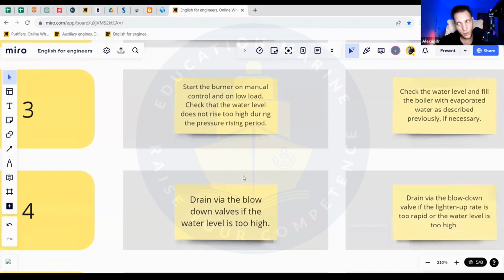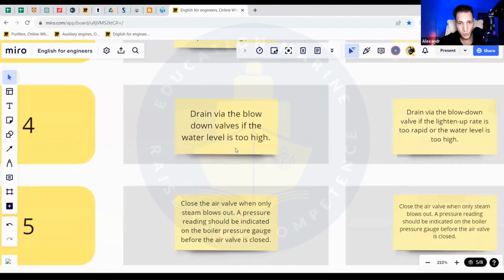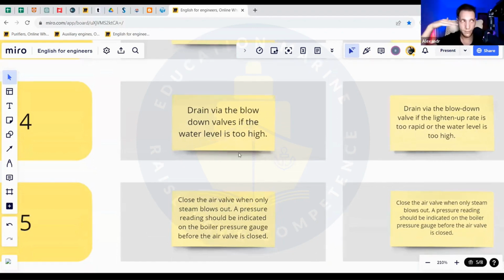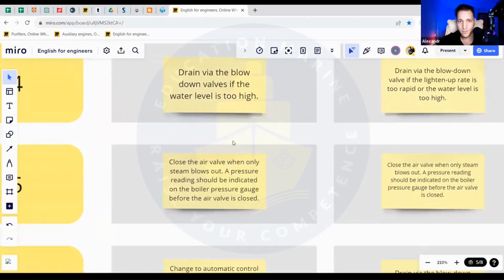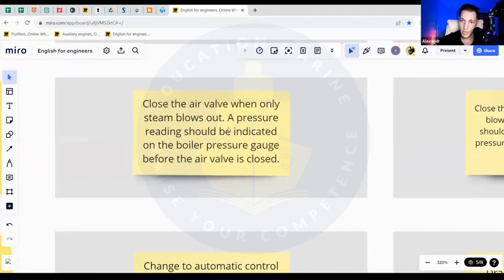If your water level goes up, you have blowdown valves, and you blow down the boiler. Why? Because of the thermal expansion, your water level will go up. So that's why you keep an appropriate level. Then, as I told you, we close the air valve when only steam blows out.